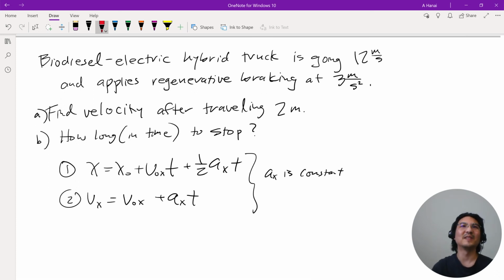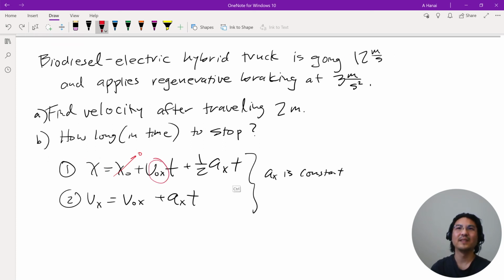So what's unknown? Position. Here, I actually know it. I can set the initial position to 0, so x minus x naught is 2. So I know this.